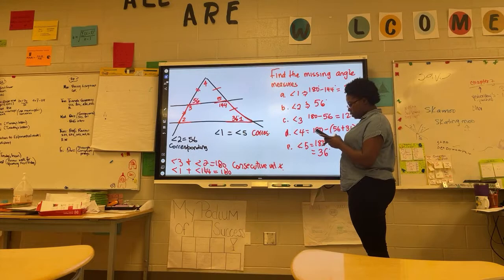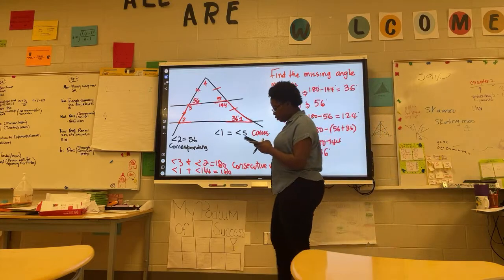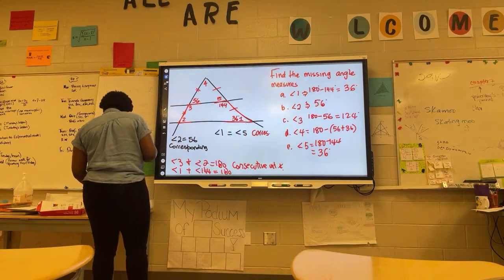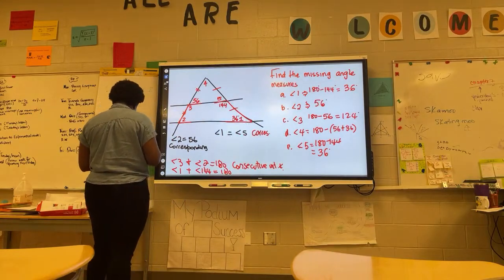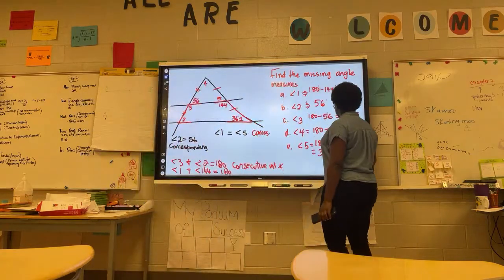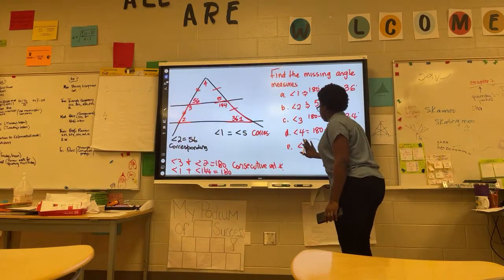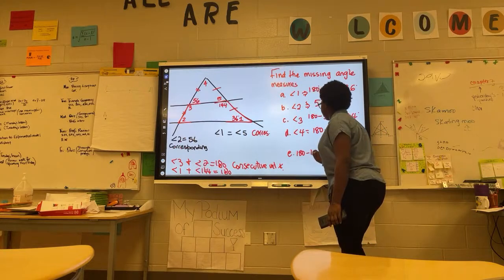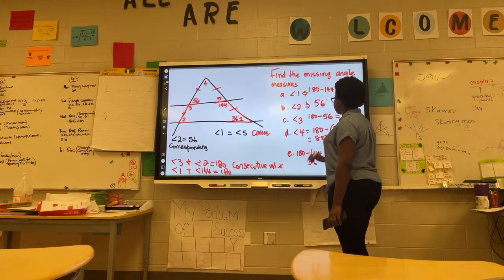So 56 plus 36 is equal to 92, minus 180, and that's equal to 88. So angle 4 is equal to 88 degrees.